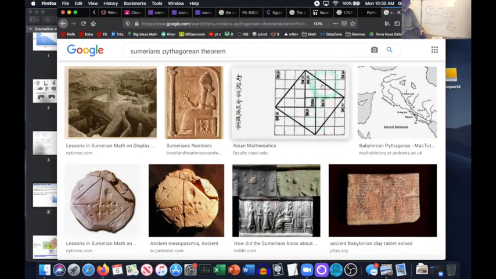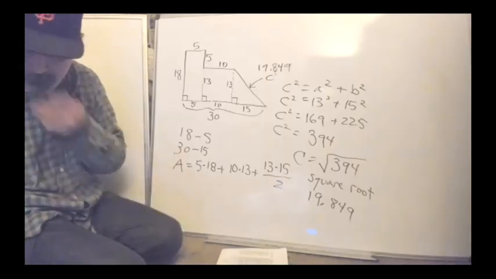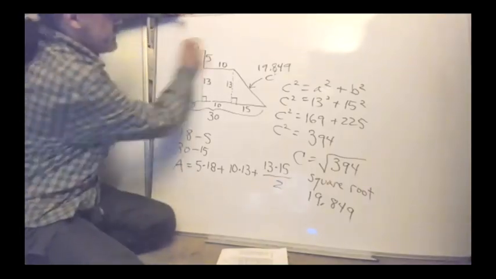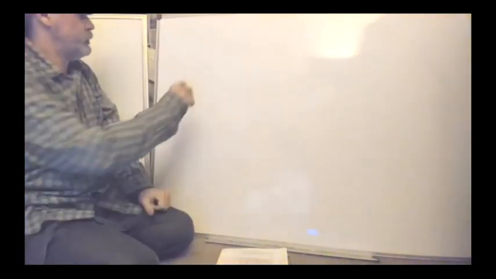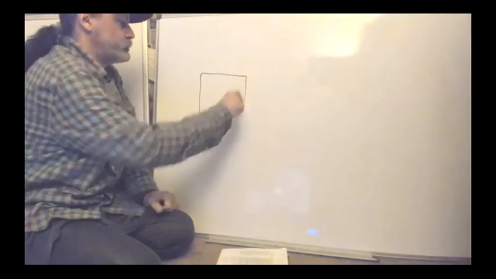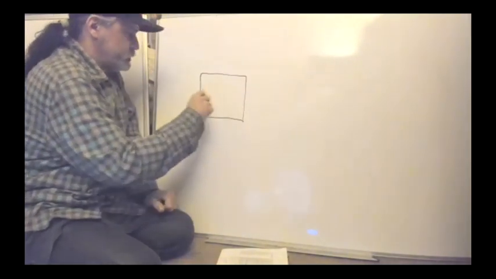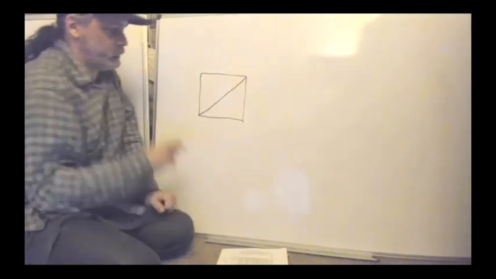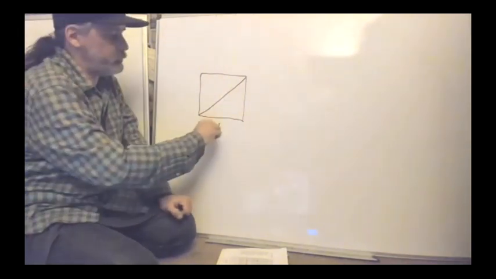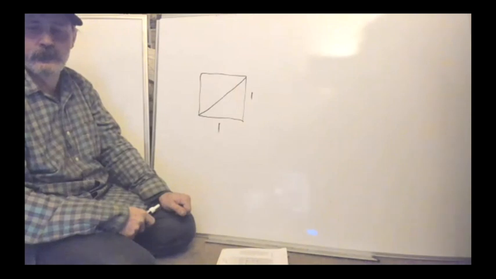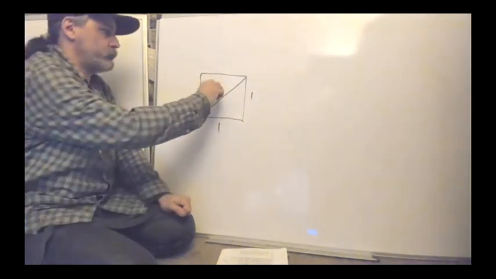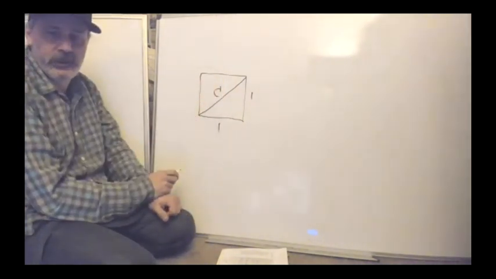Okay, well, let's solve this ancient Sumerian problem. We're going to have a square, and we're going to find the diagonals of the square. Okay? So this was important to them, otherwise they wouldn't have done this, right? So here's the diagonal of that square. Well, let's go ahead and make the sides of the square 1. Okay, so we're looking for the c, the diagonal.